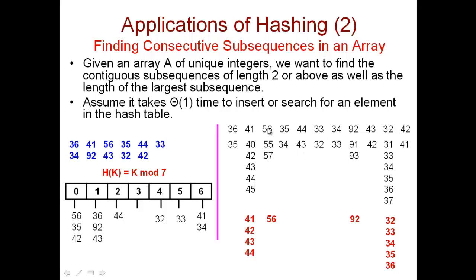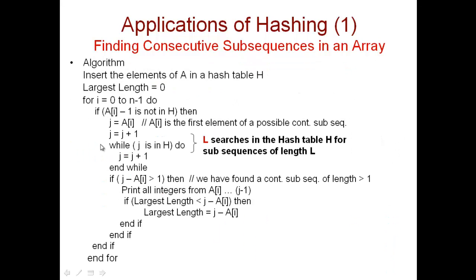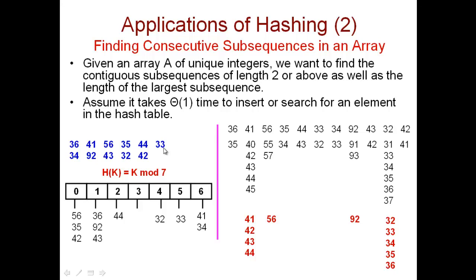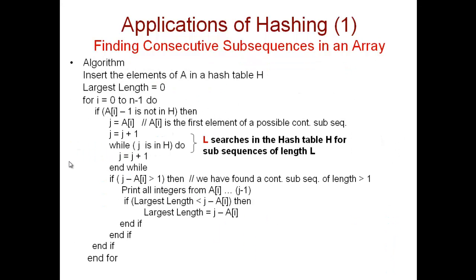So let us now look at 56. If 56 has to be a starting element of some subsequence, check for 55 if it's in the hash table. It's not there. So since 55 is not in the hash table, we come inside this loop, assign j to be 56, j equals j plus 1, which is 57. Check whether 57 is in the hash table. It's not there. So that means we don't go inside the while loop.